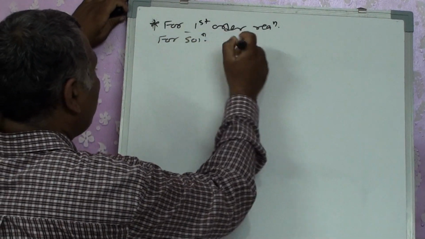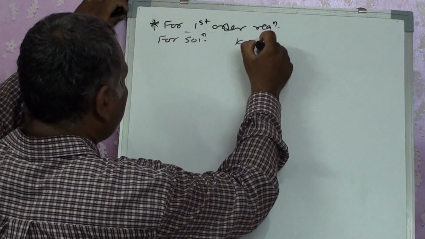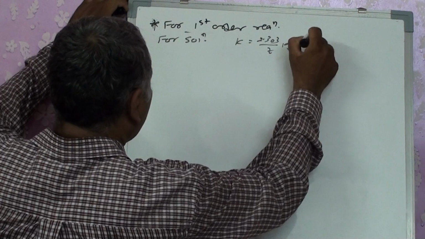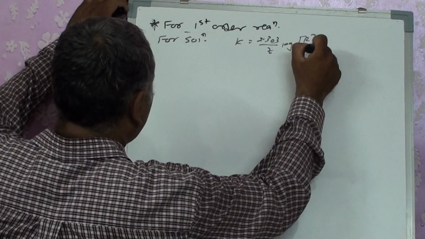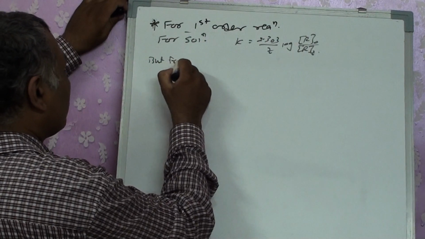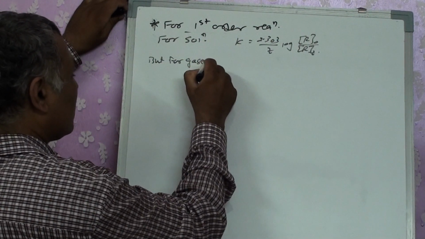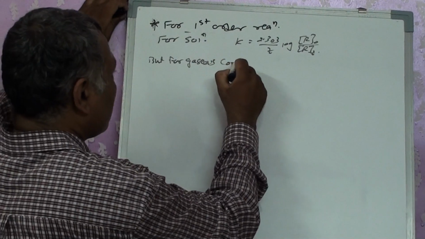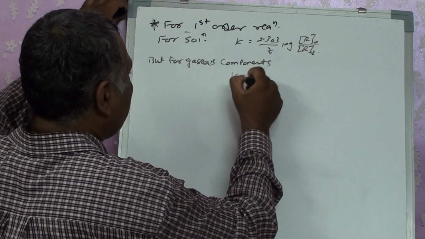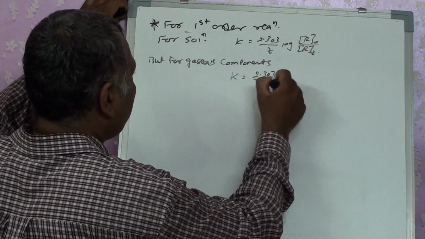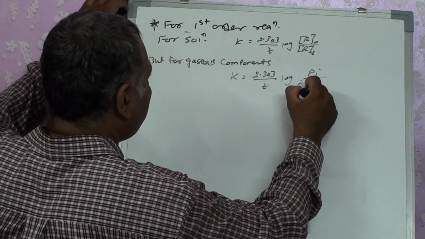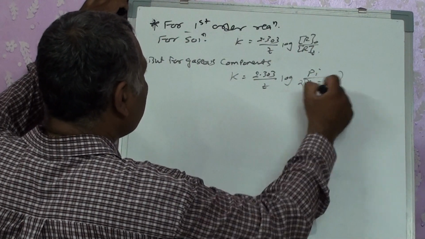For solution, we got K is equals to 2.303 by T log R0 by RT. But for gaseous component, we get K is equals to 2.303 by T log Pi upon 2Pi minus Pt.